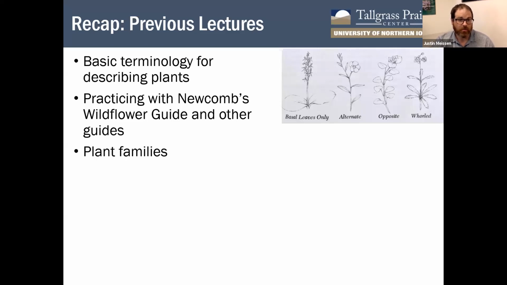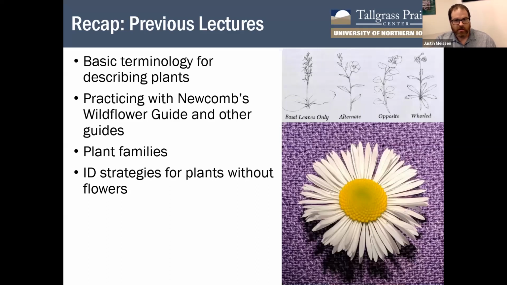Last week, we talked about plant families and how each family has unique traits that help identify species belonging to that family. Asters, for instance, have the disc and ray florets that are unique flower modifications. And lastly, we talked about a few strategies for plant ID without flowers: waiting until we do have flowers, and looking to see if other similar plants have flowers.